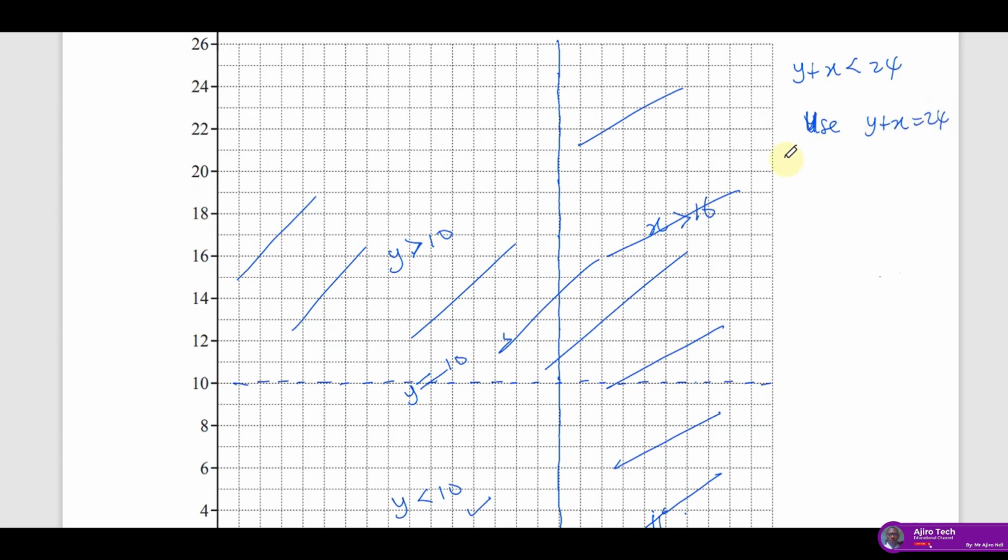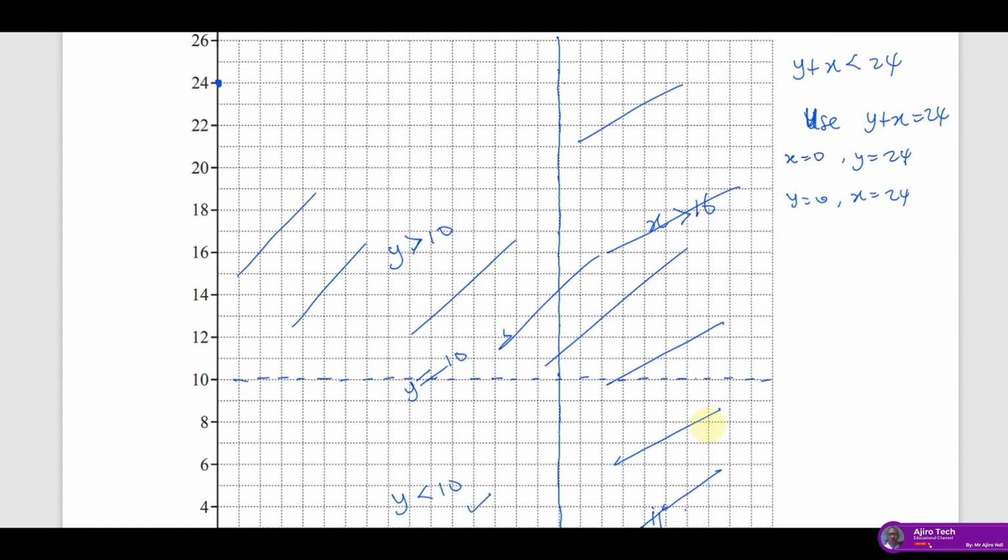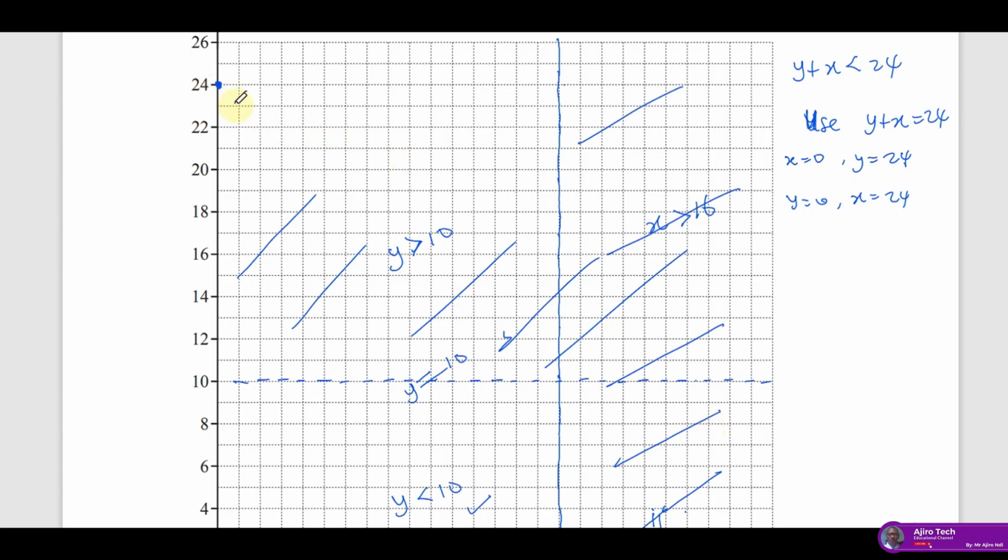For this, on the y-axis, x is equal to 0, then y is 24. Mark it here. On the x-axis, y is equal to 0, then x is equal to 24. Mark it so you have 24. So you're going to join these two together and you have the equation. I should do this with a ruler, but I don't have a ruler, so let me just do it carefully this way. Broken lines.